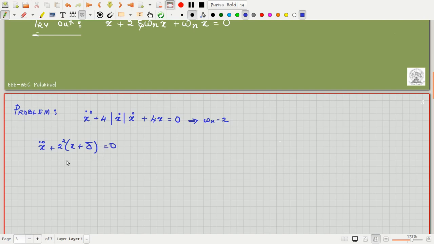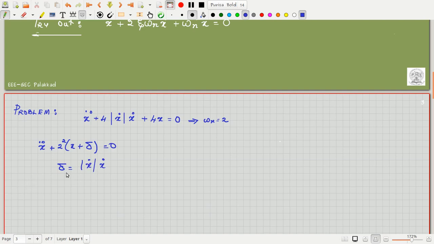Delta would be 4 modulus of x dot into x dot divided by 2 squared. The 4s cancel, so what remains is modulus of x dot into x dot.